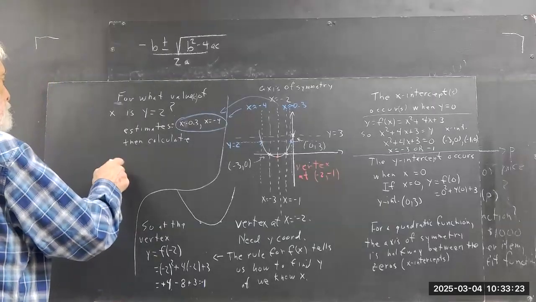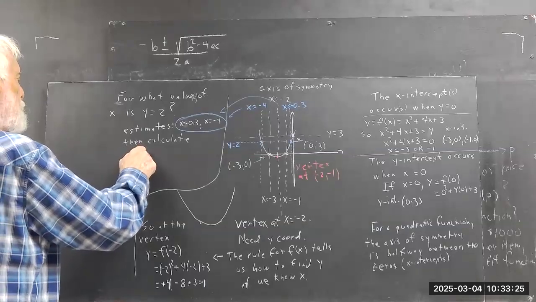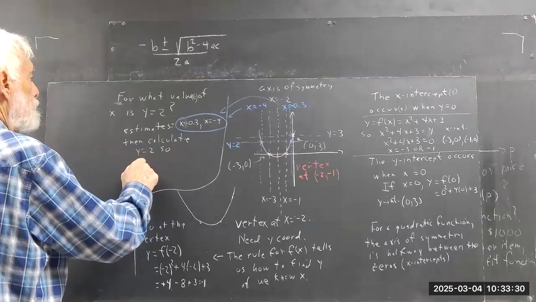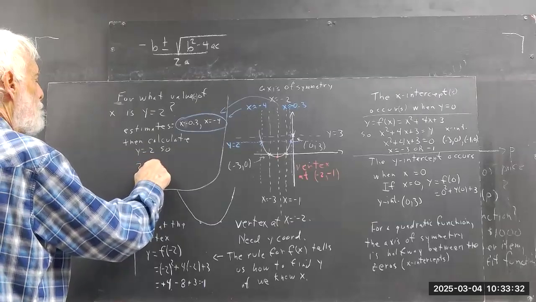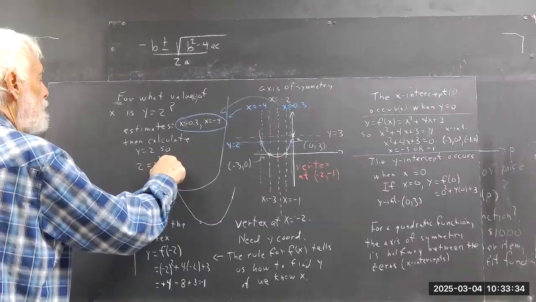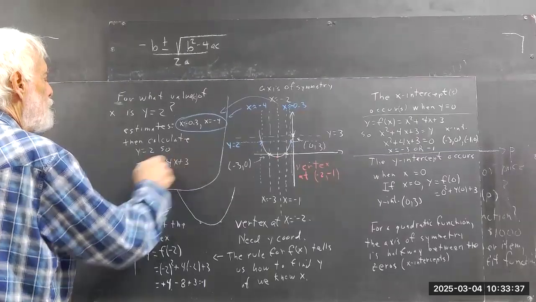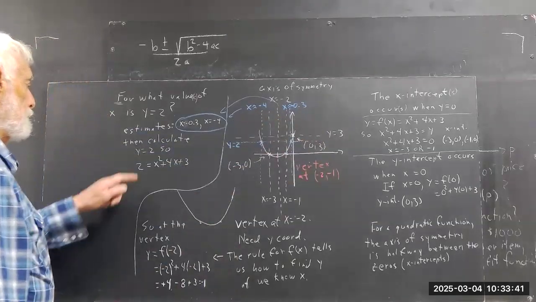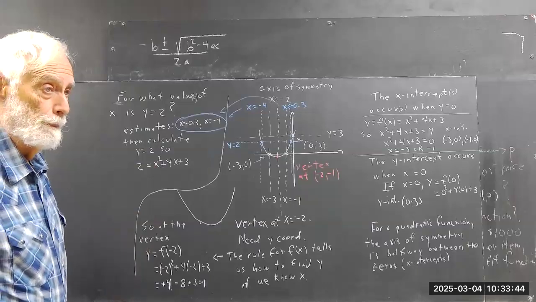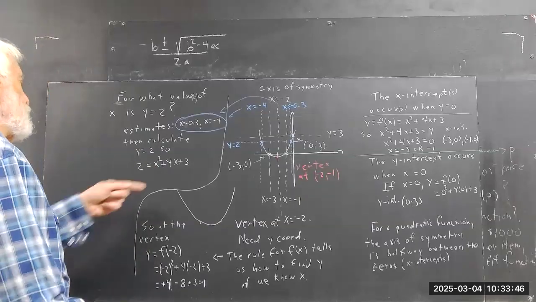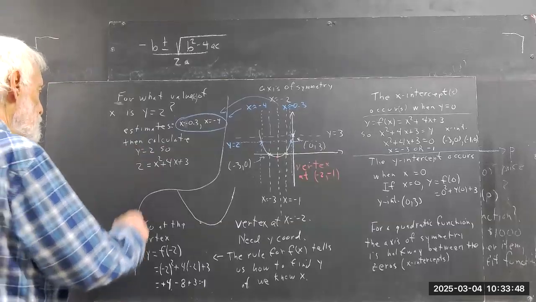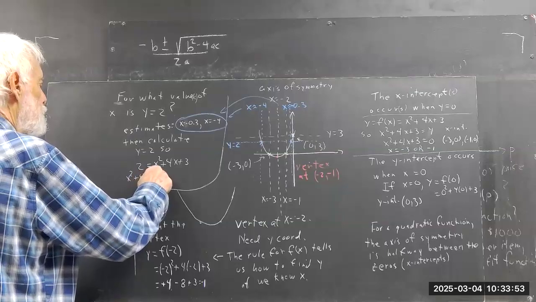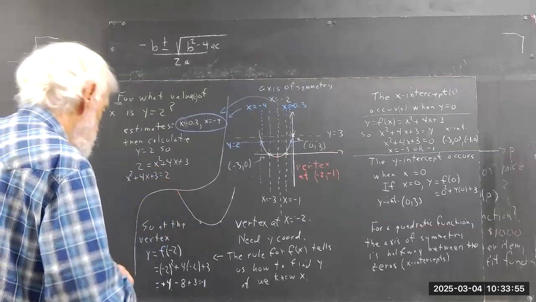Well, so if we do y equals x squared plus 4x plus 3, we get this equation, right? Now, usually we want our x's on the left and our numbers on the right. So I'm going to put this in the form x squared plus 4x plus 3 equals 2.